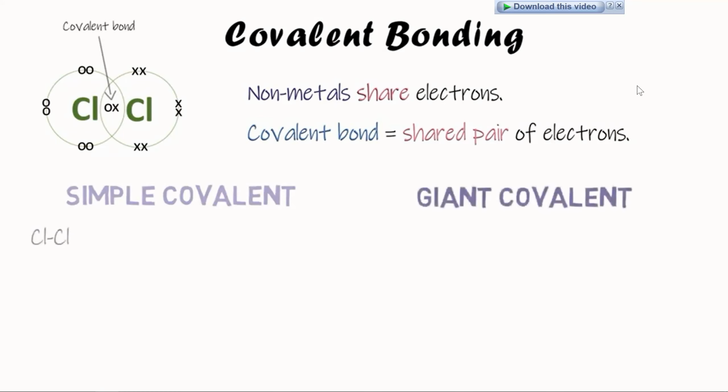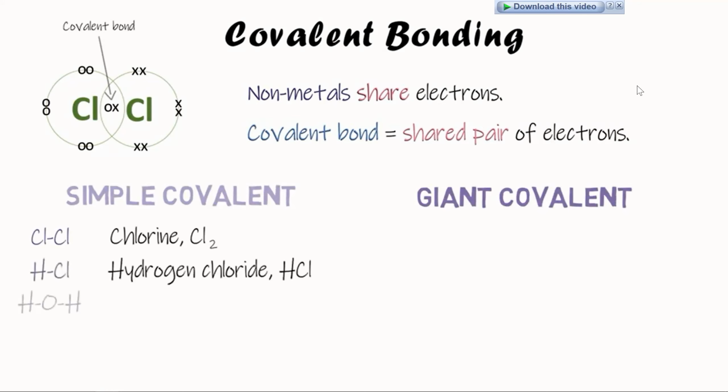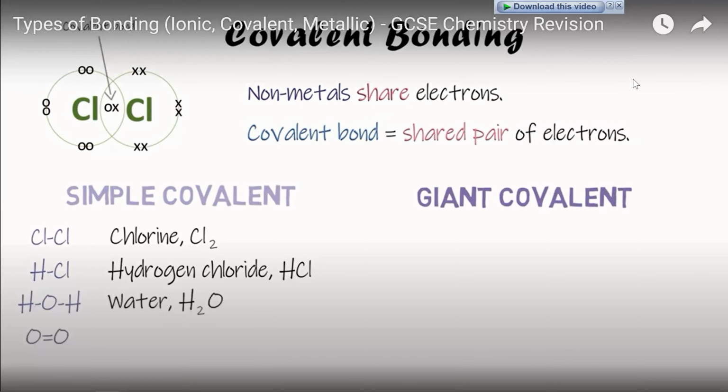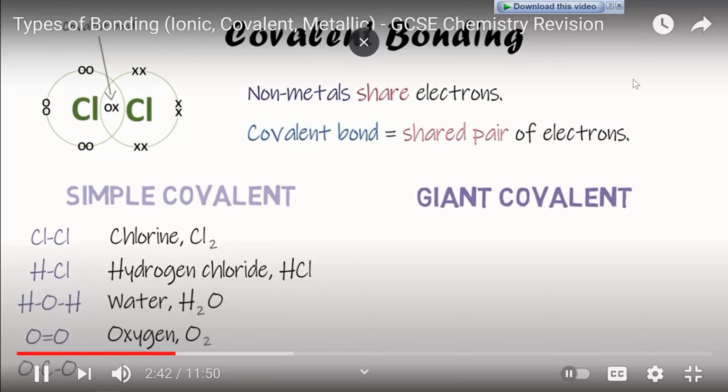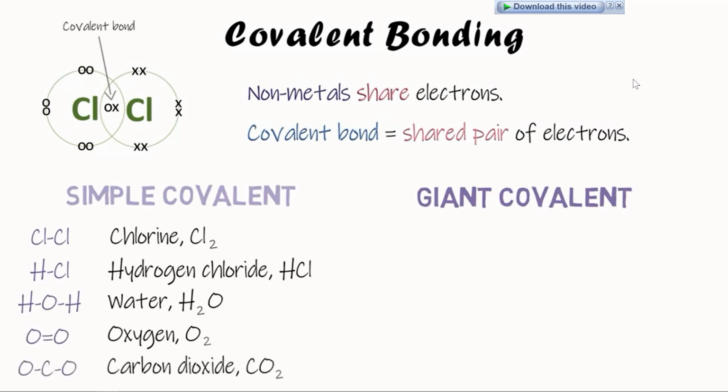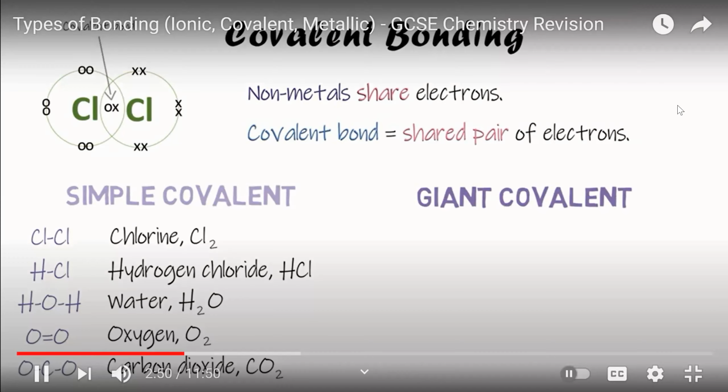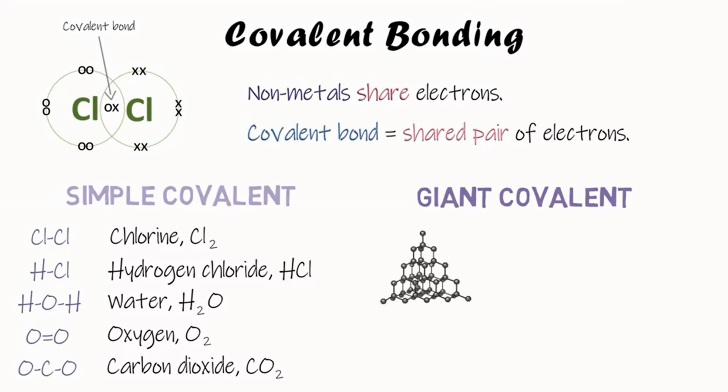We have the simple covalent, and we also have giant covalent. Simple covalent molecules are things like chlorine, Cl2, hydrogen chloride or hydrochloric acid, water, oxygen, and carbon dioxide. So you can see these are all elemental compounds that contain 1, 2, 3, maybe 4 atoms, but anyway, it's only a few. So when you've just got a few atoms in a molecule, that's a simple covalent molecule.